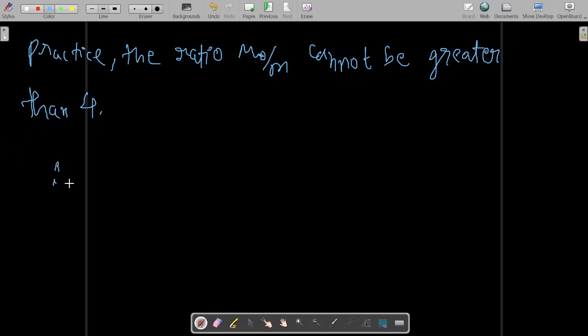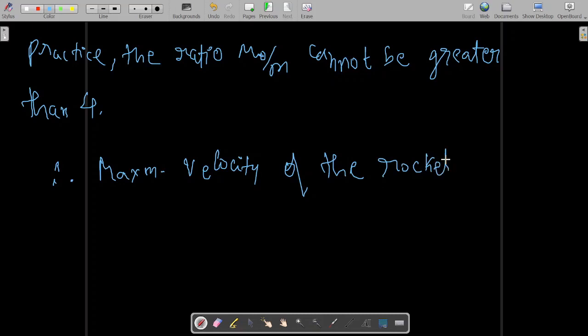Therefore, the maximum velocity of the rocket at burnout is V equal to 2.5 ln 4.